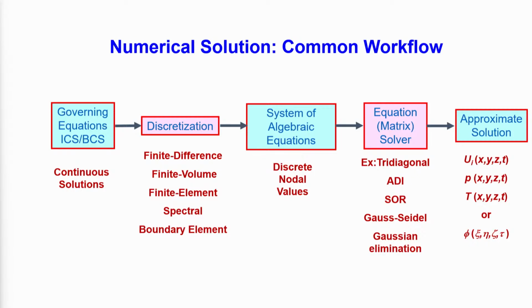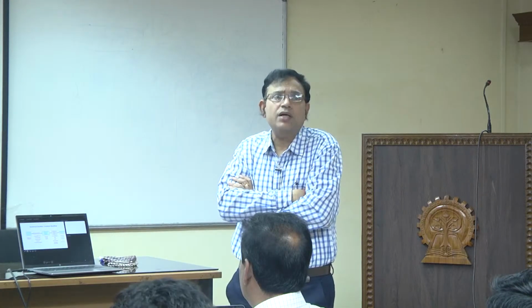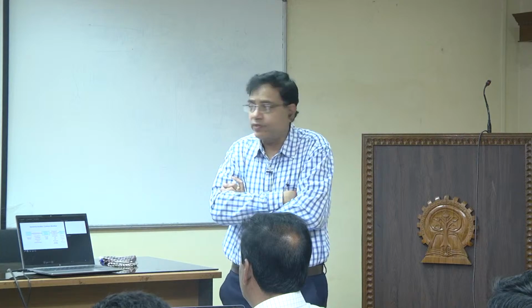I will go through the tridiagonal matrix algorithm, TDMA or Thomas algorithm, as it is called by two names, then ADI, alternate direction implicit, successive over relaxation, Gauss-Seidel method, Gaussian elimination, etc. There are many such methods, and depending on convenience, LU decomposition and so many others. If you have gone through any numerical analysis course, at least you have heard about these, if you have not practiced all of them.